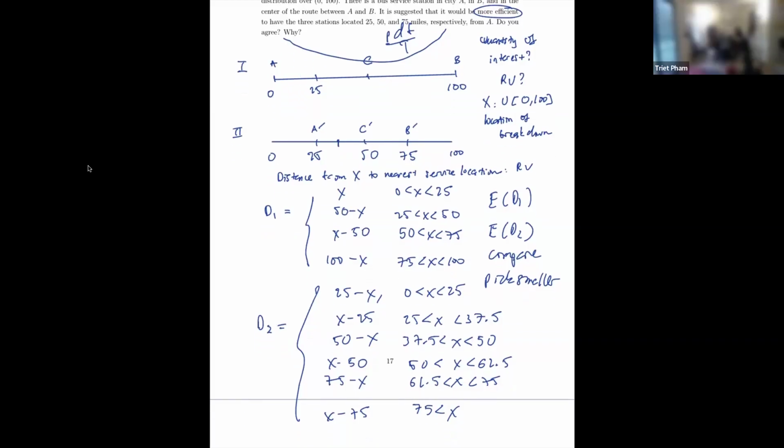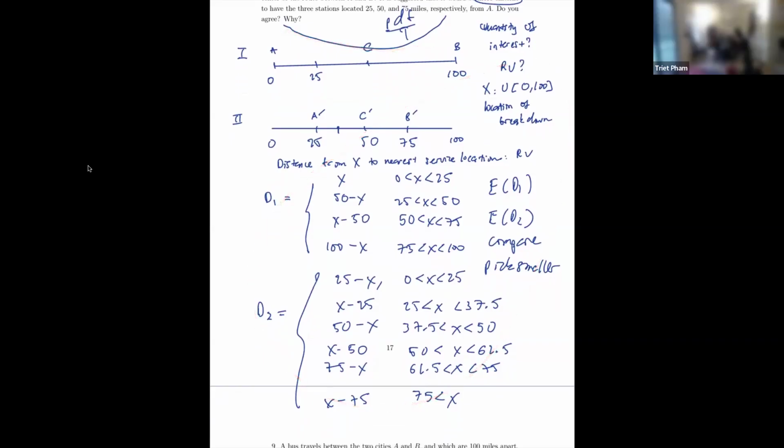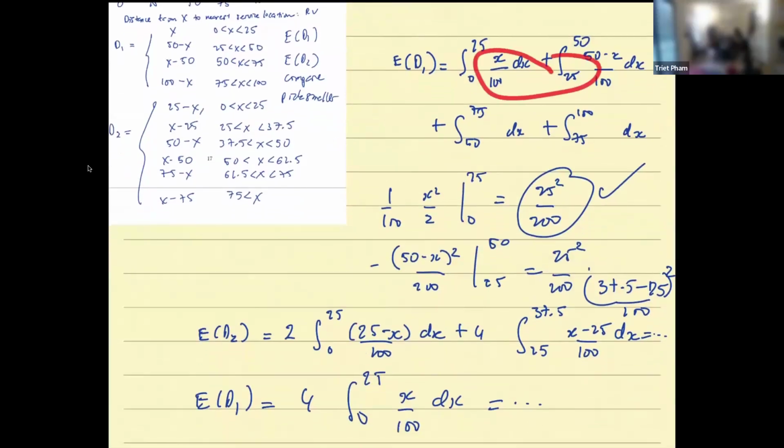Notice that the formulation is the same no matter what the PDF is. It only changes at the point where you do the actual calculation. Here we divide by 100 because it's uniform. But if it's some other PDF, then you have to multiply with that PDF, and that will change the calculation. Then you may not be able to use symmetry to avoid calculating all 4 pieces or 6 pieces.